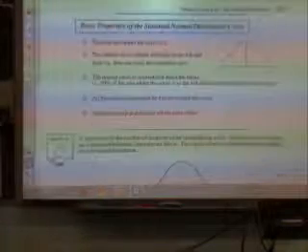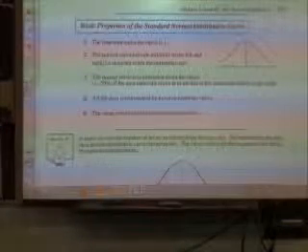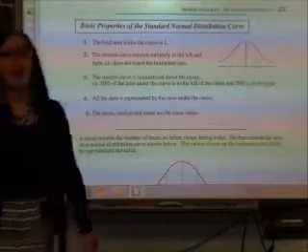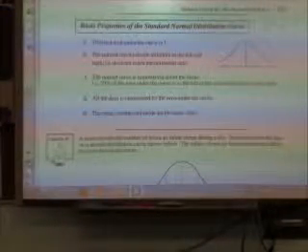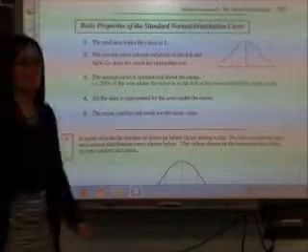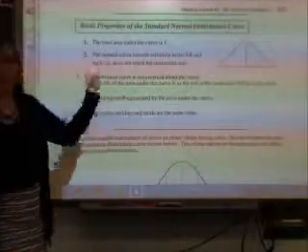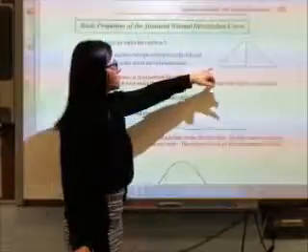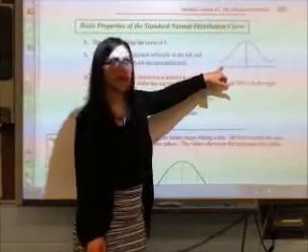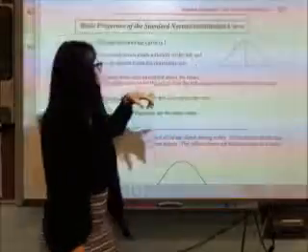So we're going to look at the basic properties of a standard normal distribution curve. Everything under the curve will add up to 1. All the percentages put together will add up to 100%. I already talked about how it extends indefinitely to the left and the right, so this line approaches the axis but never touches it.